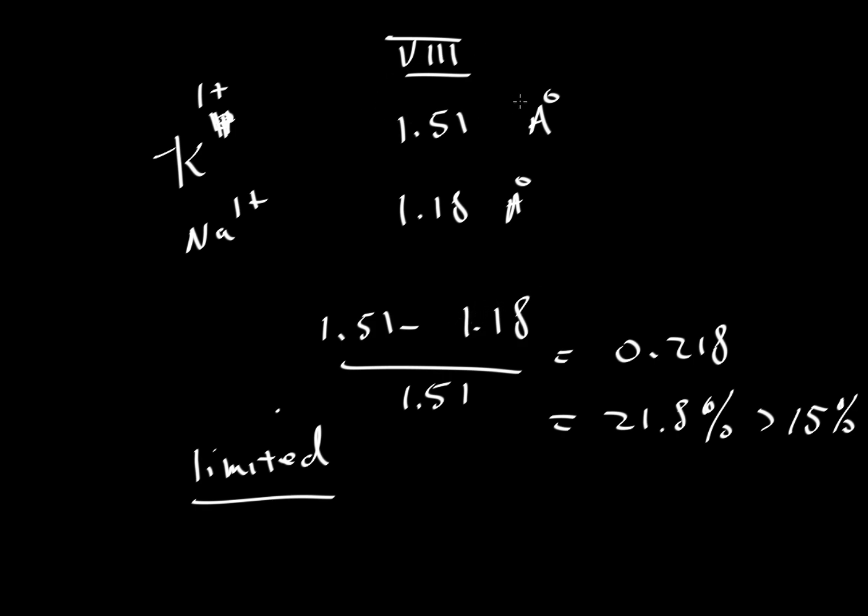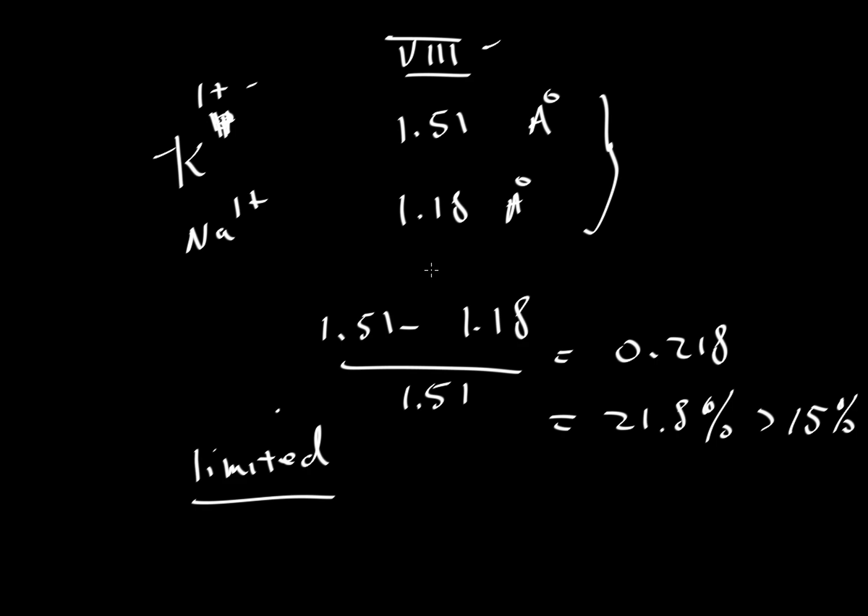Notice, by the way, that the only thing that matters here is the charge and the coordination number. There's nothing specific to the minerals that we are choosing. If we have any kind of mineral, be it a feldspar or a feldspathoid or anything else, if we have eightfold coordination, then this kind of analysis applies. Same thing for our comparison of magnesium and iron.